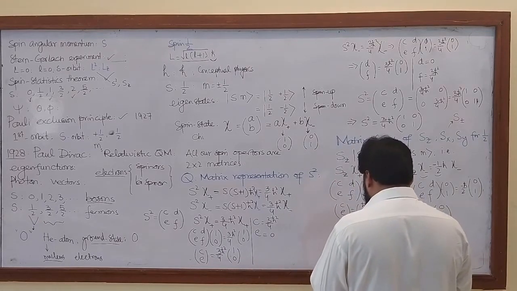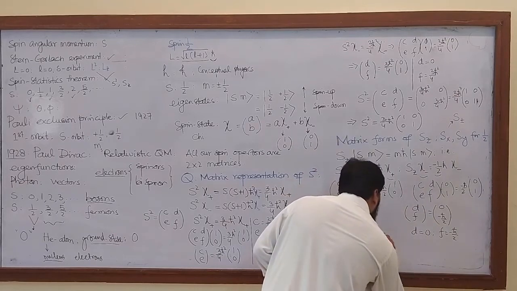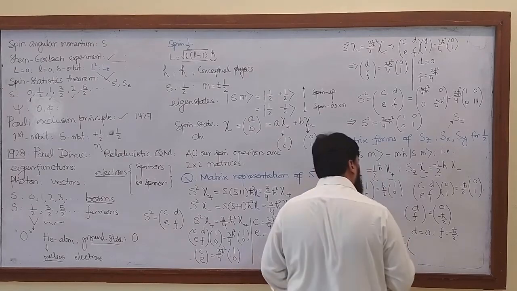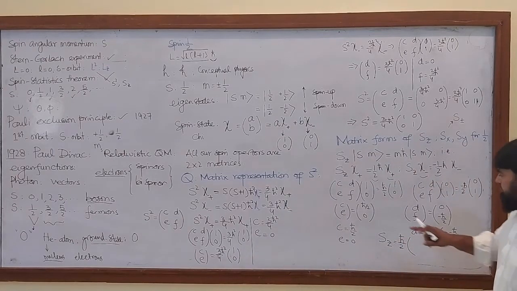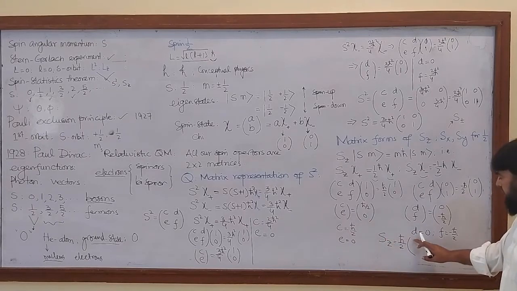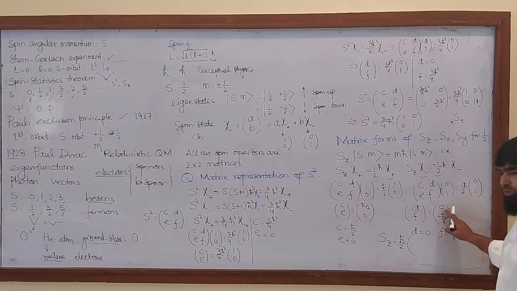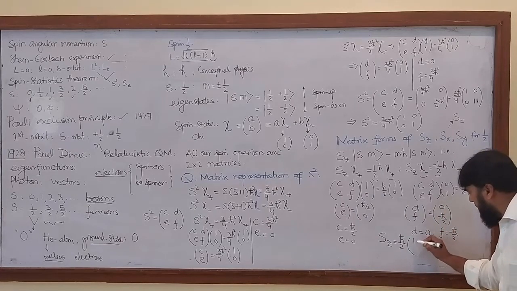So this gives you D is equal to 0 and F equal to minus half h bar. So this implies that for Sz, the matrix representation, if I take h bar over 2 as common, then C is equal to 1 and D is equal to 0. So 1 and 0.